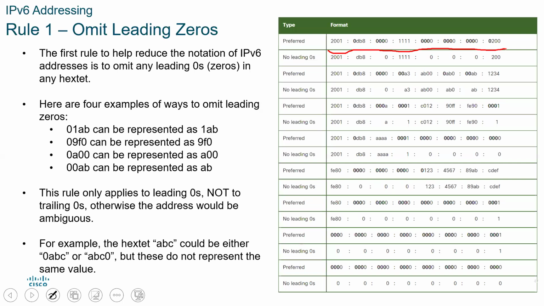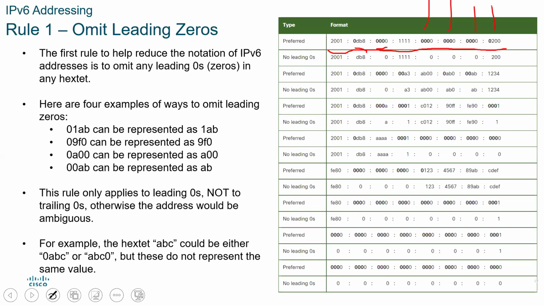Leading zero is where zeros are leading. The second segment has a zero in front. The third segment has multiple zeros all through. The fourth segment has no zero. The fifth segment, 0, 0. The sixth segment, 0, 0, and so on. Then here, there are just 2 zeros.